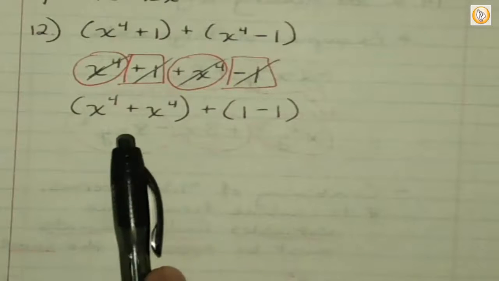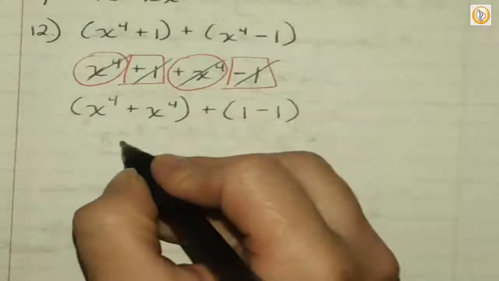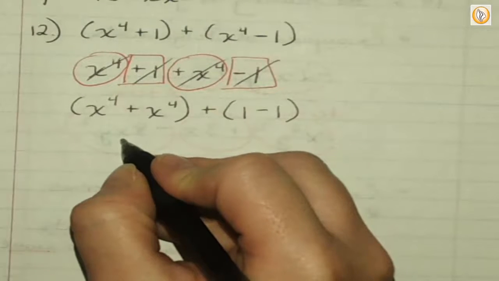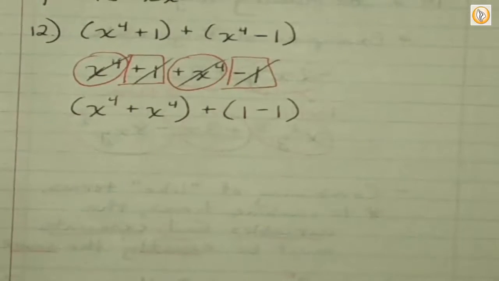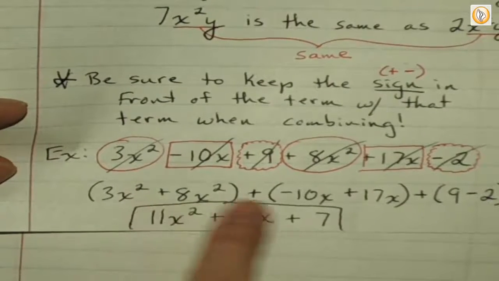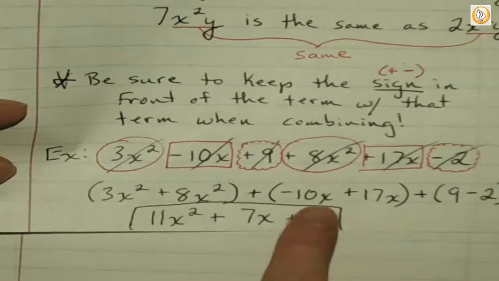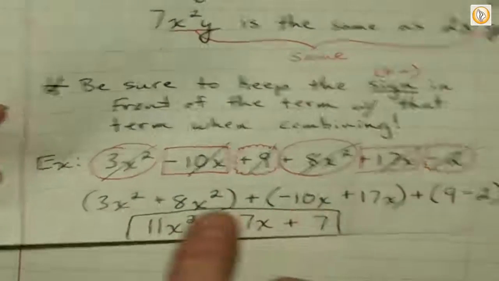Michael, what is x to the 4th power plus x to the 4th power? Do we add the exponents when we're adding? When we're adding and subtracting, we do not do anything to the variables or the exponents. We just bring them down.